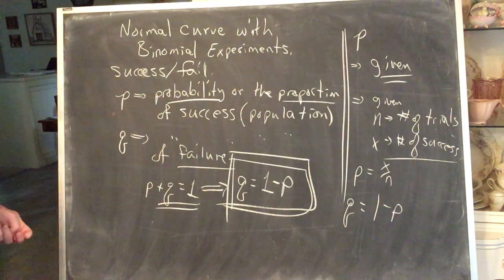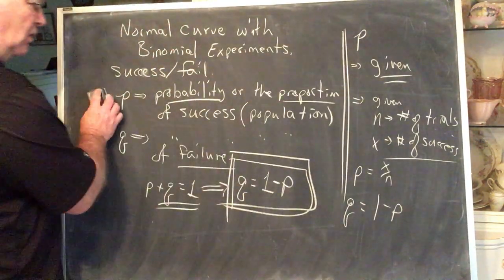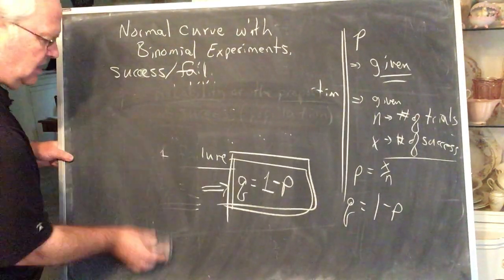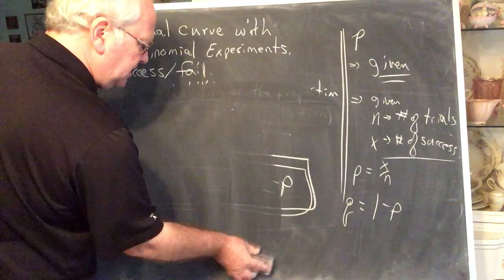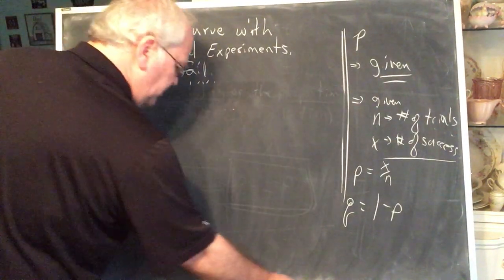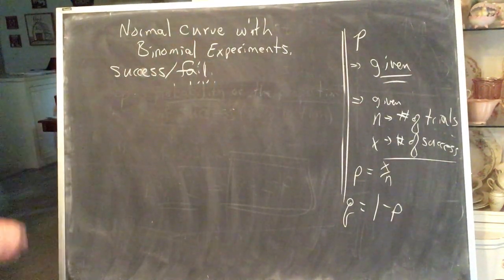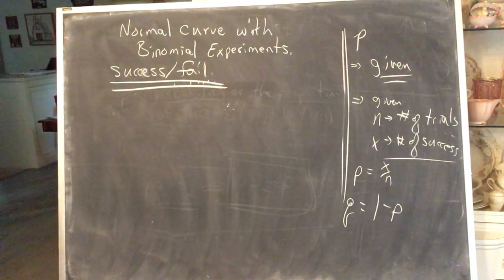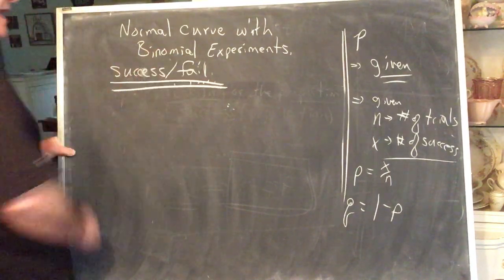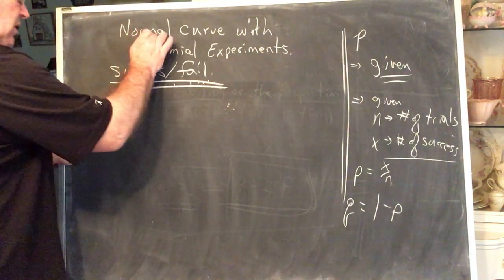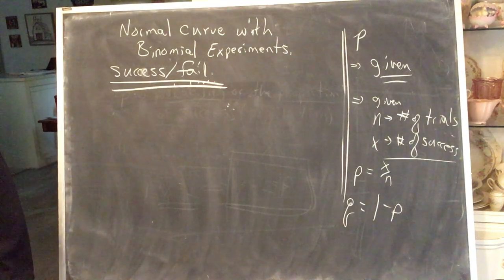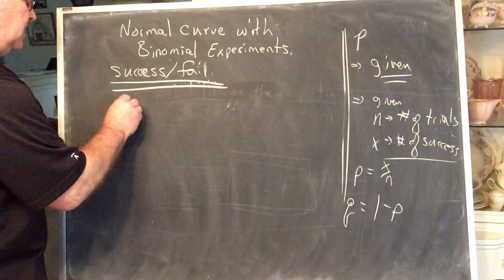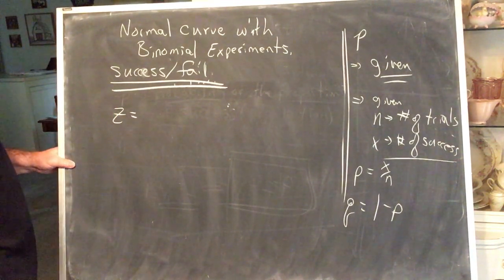So you should be able to find these values and use them in the formulas we're going to require. Now, the formulas we'll be working with, I'm going to simply give you this formula out of the blue sky, so we'll accept this without proof and without development. When dealing with a binomial setting and the normal curve to find those probabilities, this is the z-score we will use.